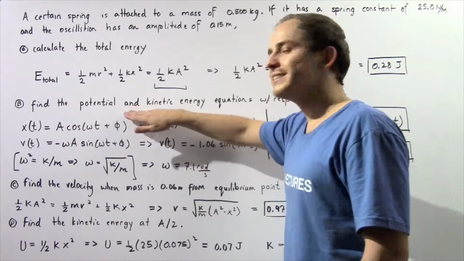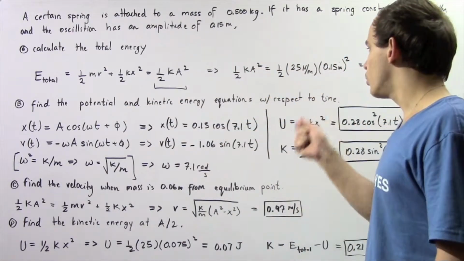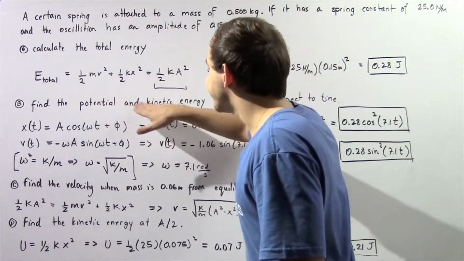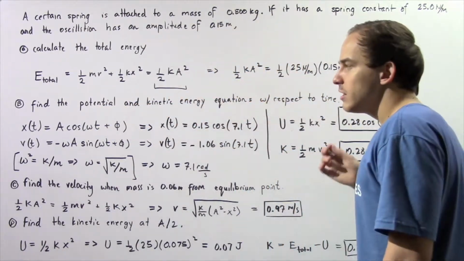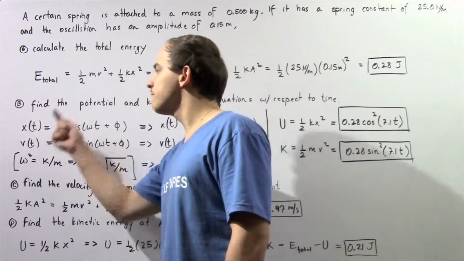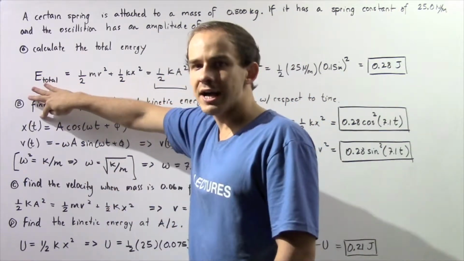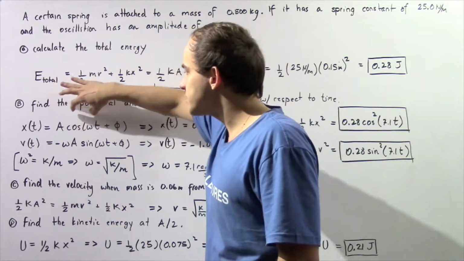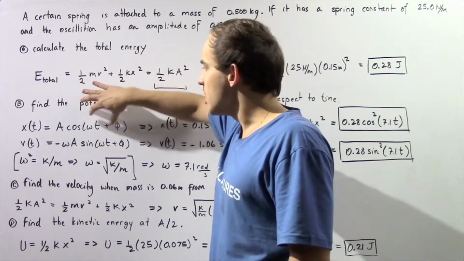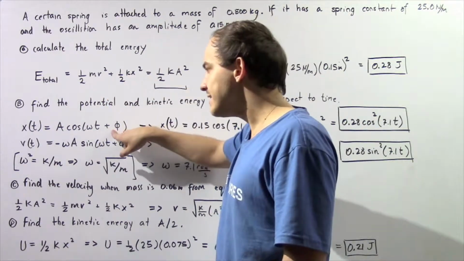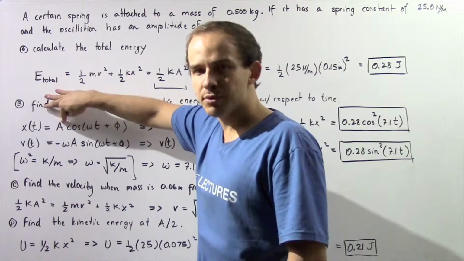Find the potential and kinetic energy equations with respect to time. Now, before we examine the potential and kinetic energy equations, let's recall the general formula for our position function with respect to time. It has the following formula, A times cosine of this quantity, where this is our angular frequency, this is the time, this is the phase angle, and this is our amplitude.